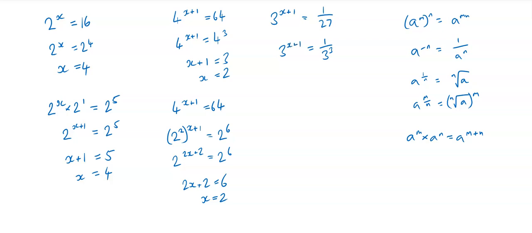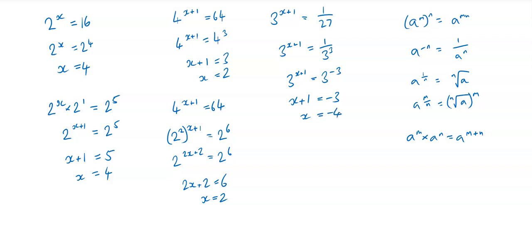So what I'm saying is deal with each thing separately. So we also know from the second rule here, 1 over 3 cubed is 3 to the minus 3. So 3 to the x plus 1 equals 3 to the minus 3. Now we can say x plus 1 equals minus 3, x equals negative 4.